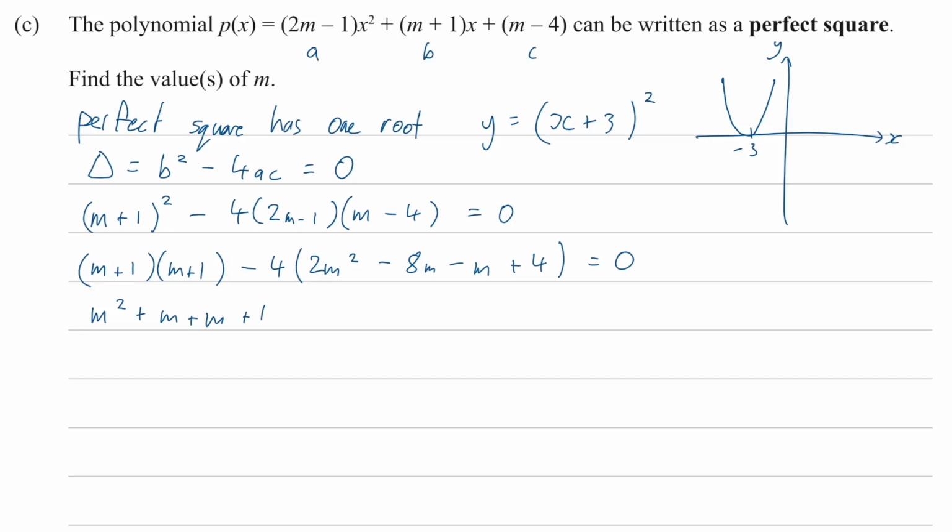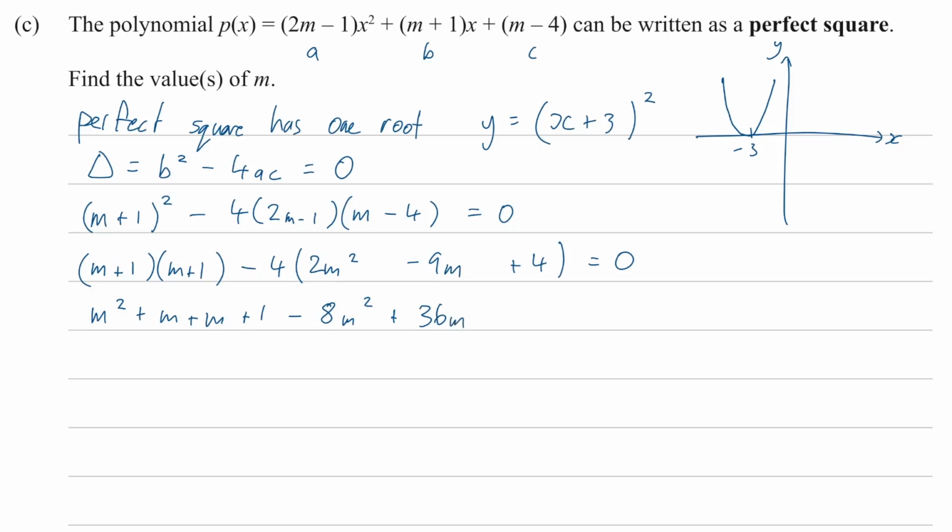And then here we'll expand the 4. So minus 4 times 2m squared is minus 8m squared. Minus 4 times minus 8m is plus 32m. Oh, let's just group that minus 8m minus m first. So what is that? Minus 9m. There we go. Just make it a bit simpler. So minus 4 times minus 9m is plus 36m.